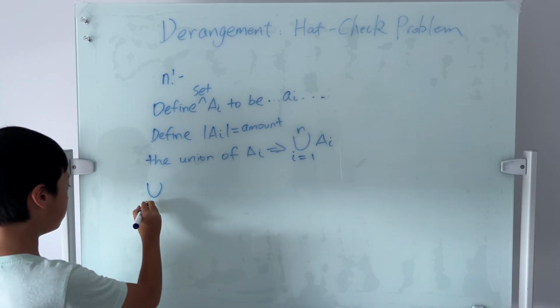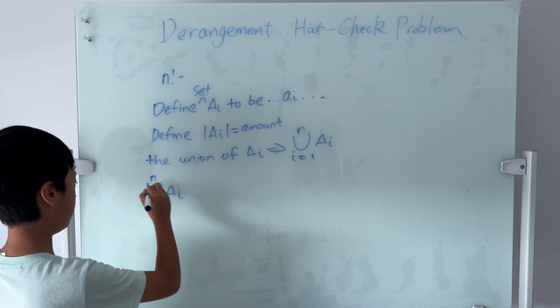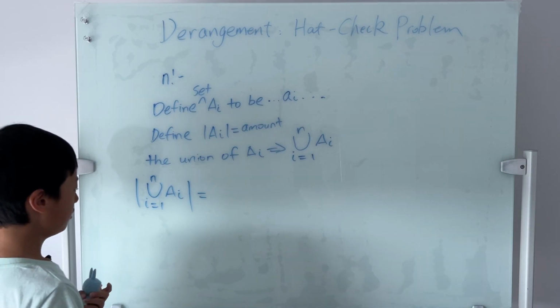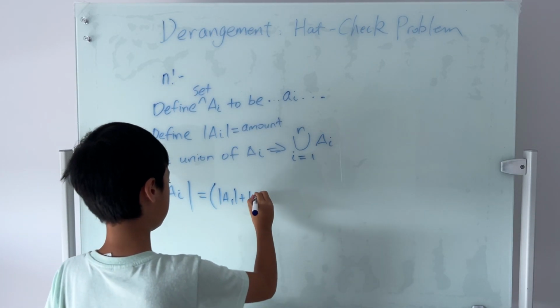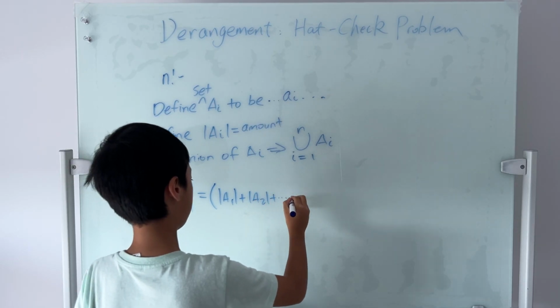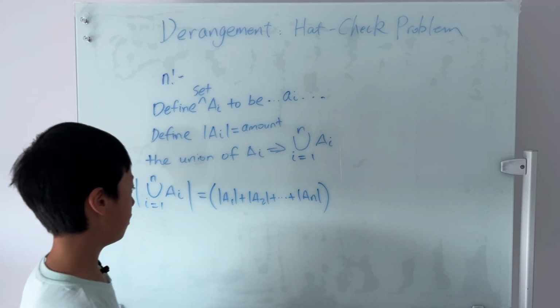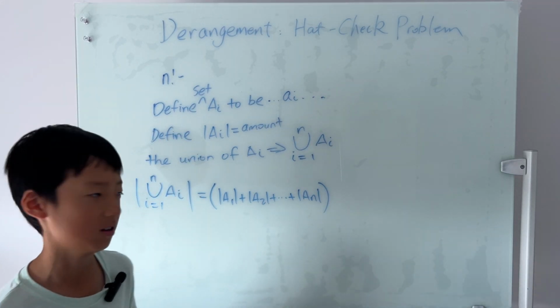Well, now we're going to use the inclusion-exclusion principle. Oh, and don't forget this. Is this equal to just A1 plus A2 plus all the way to An? Well, of course not, because there would be so many overlaps here.